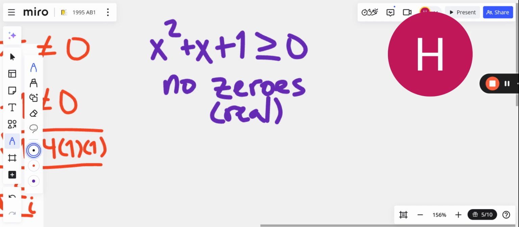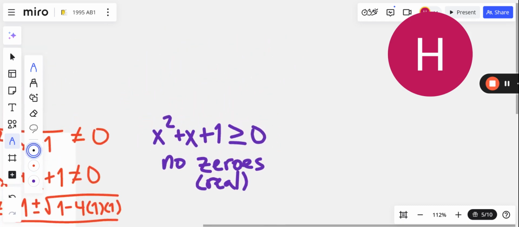And if you don't believe me, you can take a little look at the sketch of x squared plus x plus 1. It has an axis of symmetry at negative 1/2. And if you plug in negative 1/2, see what you get.